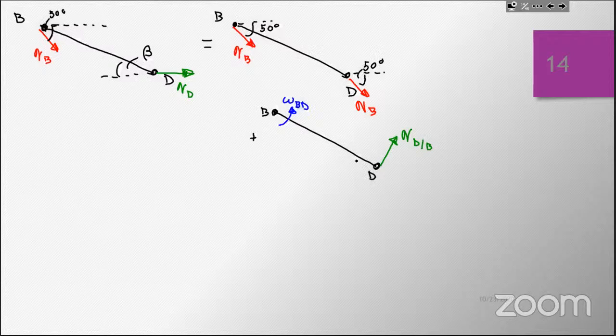I'm going to have some relative velocity at the tip, VD with respect to B, and there's some angle in here that we need, and there's some angle here.